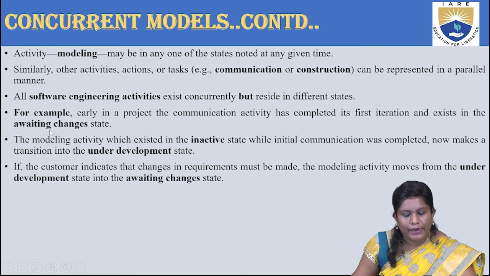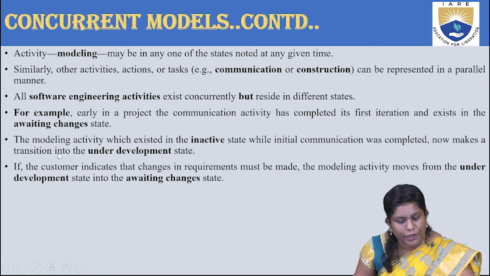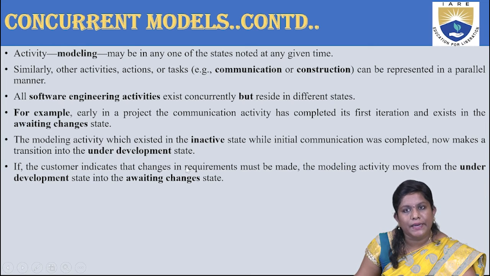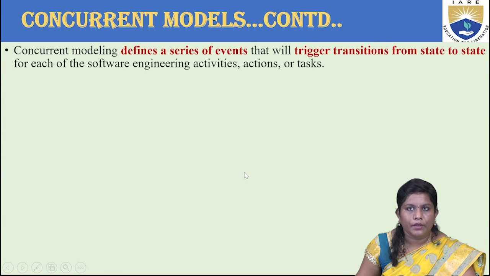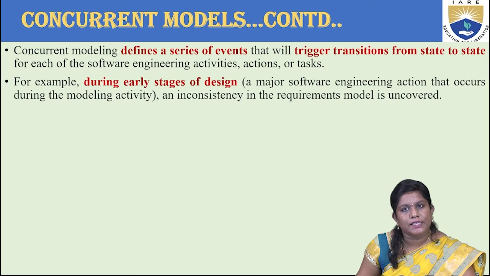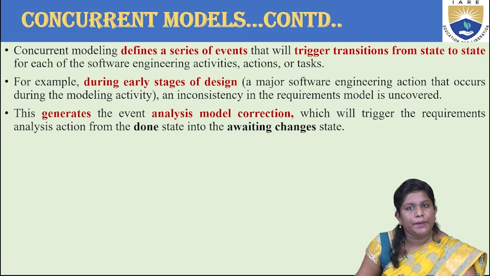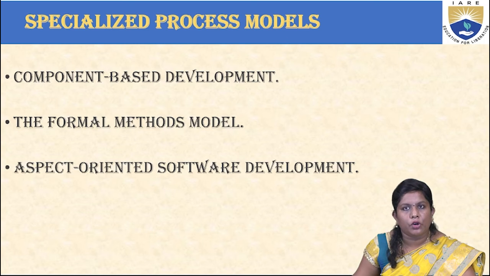As you can look at the example below, the fourth point, the modeling activity existed in the inactive state while initial communication is in the under development state. Then when the customer indicates the changes, it moves to the awaiting changes state, right? From there, you are triggering a series of actions stated by the customer. Then you are trying to test them in the early stages, analyze the correlations between them, and then it moves on, right? So those are the phases that are involved in concurrent model processing.